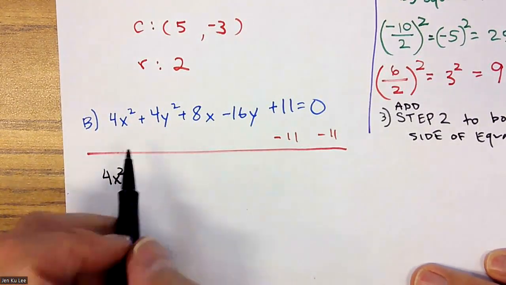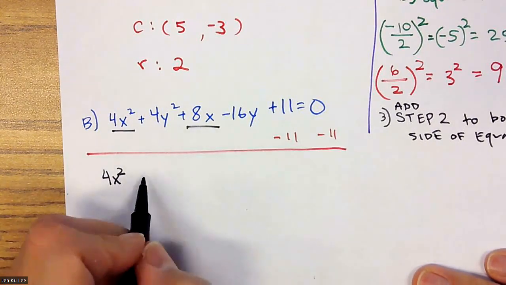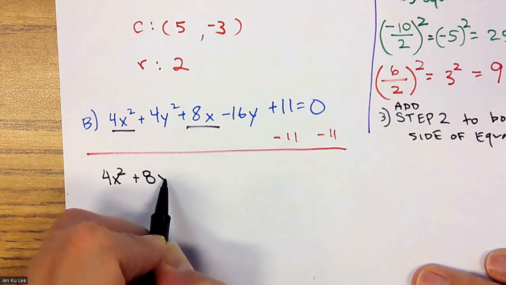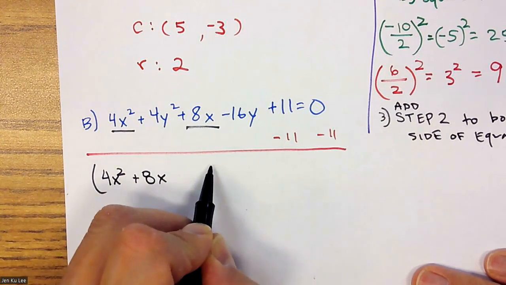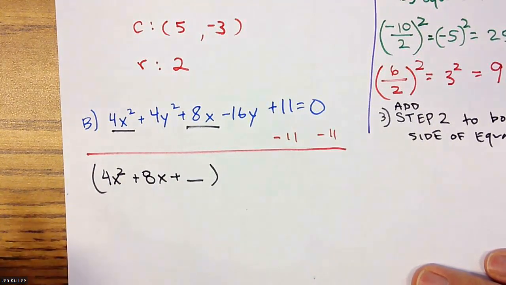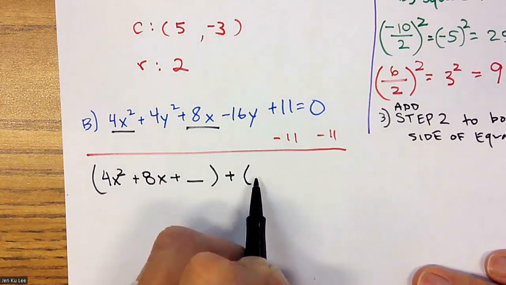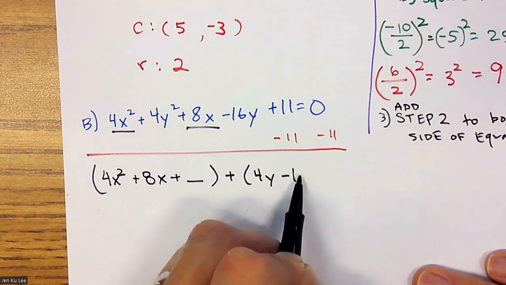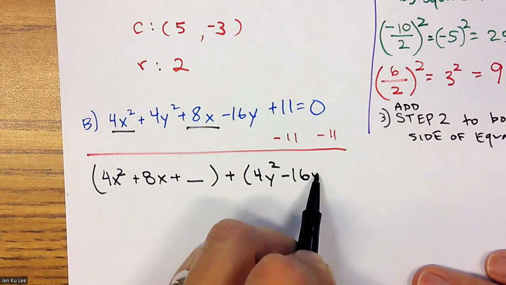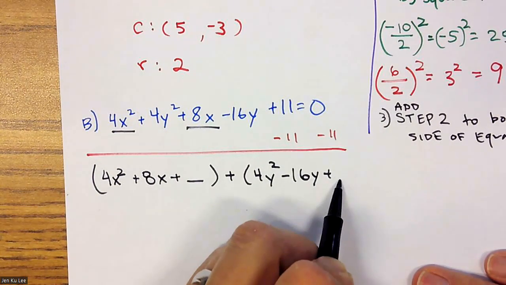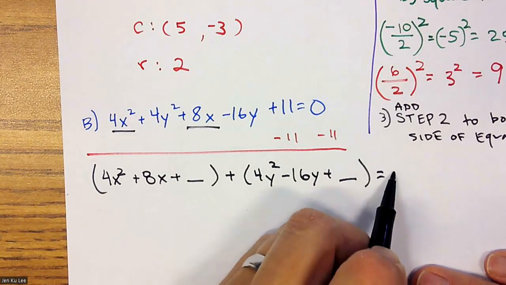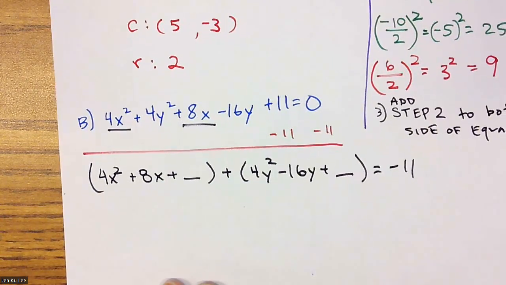And remember, simultaneously, I'm going to gather my x's up plus 8x plus blank, plus 4y squared minus 16y plus blank equals negative 11. Right?